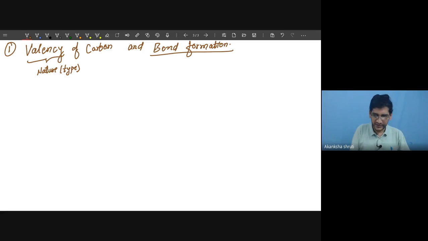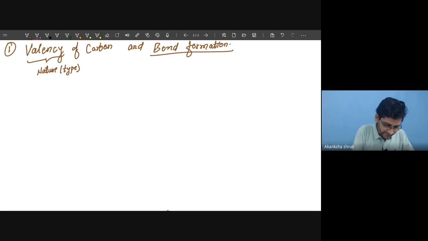Students, let us start with carbon. How can we determine its valency and what could be its type? All these 3 things we will determine rather than just mugging up. Carbon is tetracovalent, no need to mug up. You just observe how we are getting it.